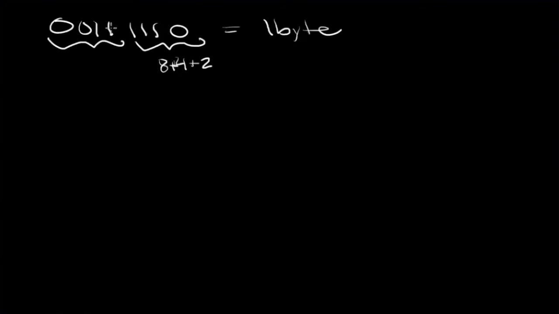And then I go to this one, and even though this is actually the 16s place, for hexadecimal, I can remember that hexadecimal is base 16, which means all of this would have been the first digit of the hexadecimal. All of this then is going to represent the second digit of the hexadecimal. And if I had another 4 digits up here, that would be the third digit of hexadecimal, and so on and so forth.